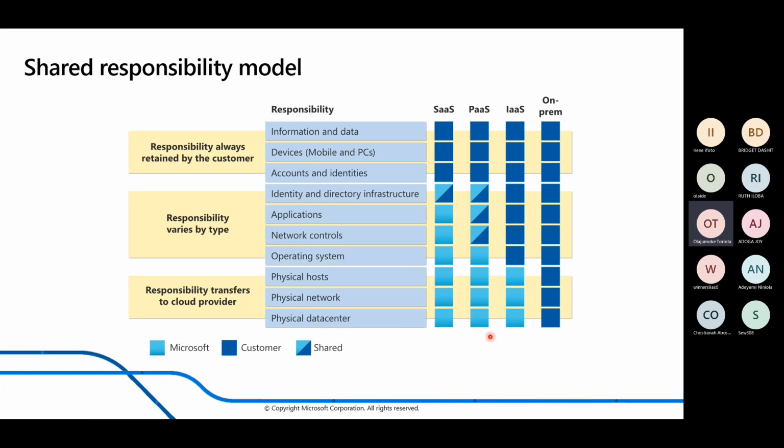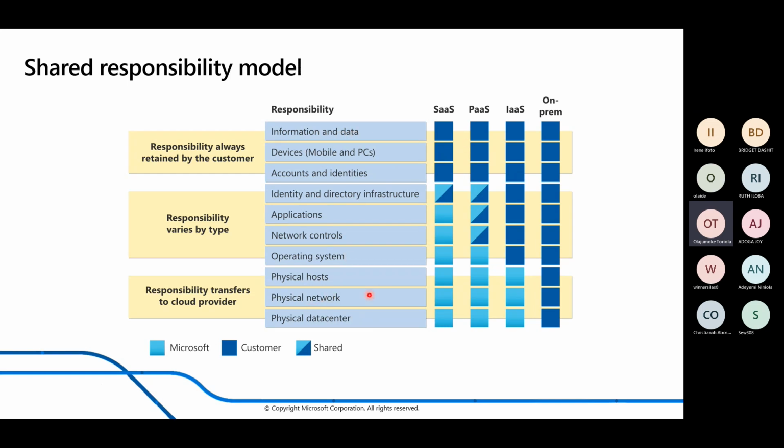But you, as the consumer, will be the one responsible for the operating system, and for network controls, because we also have virtual networks in the cloud apart from the physical network. So you'll be responsible for it. You'll be responsible for the application you want to put on the server. You'll be responsible for the identity that you want to put on the server, up to the information and data.